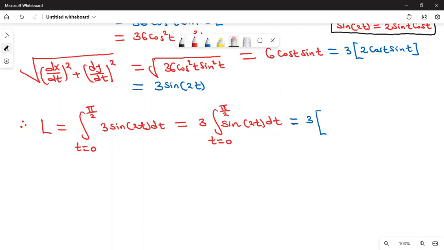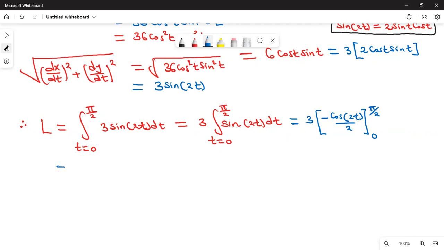So now you need to ask yourself, what did you differentiate to get sine? It's negative cosine, because when you differentiate cosine, you get negative sine. So when you differentiate negative cosine, you're going to get positive sine of 2t, and this should be divided by 2, from 0 to pi over 2.